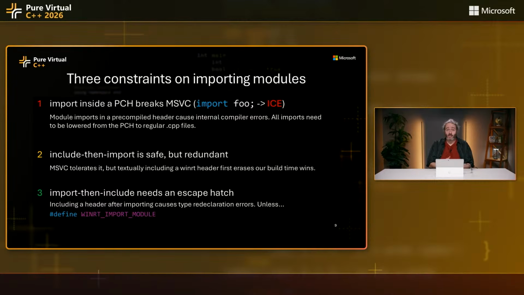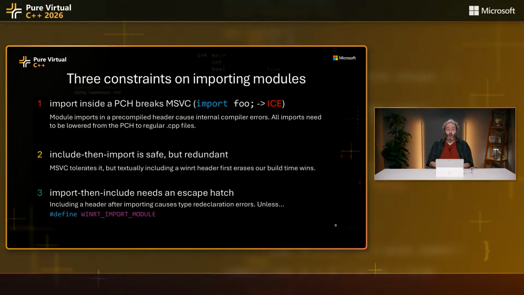So C++ WinRT gives you an escape hatch. If you define this macro, WinRT import module, that essentially nullifies all the headers. When you then include a C++ WinRT header, it's going to define that header guard that avoids dual compilation, and that's it. It introduces no new types into the system.